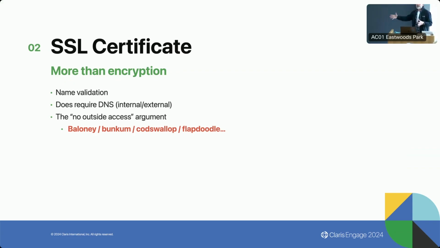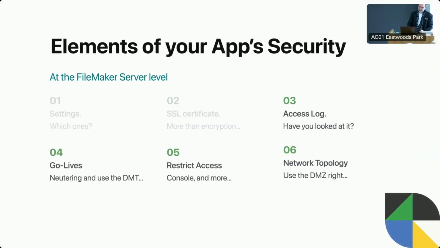So even if you have no outside access, just do the right thing and get an SSL certificate. Second bullet there, that does require DNS, right? Because now you're calling a server by name. There's got to be something that resolves that name into an IP address to make the connection, right? So don't use outside DNS for that. Use inside DNS for your internal users. And you'll be good.